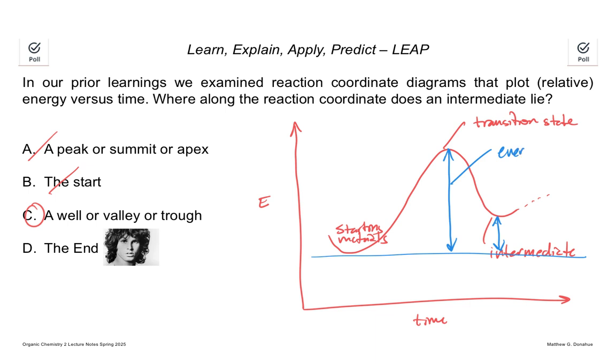So the higher energy going up to the transition state, that was called the energy of activation. And that's typically the rate determining step. And then you can fall into this intermediate well.